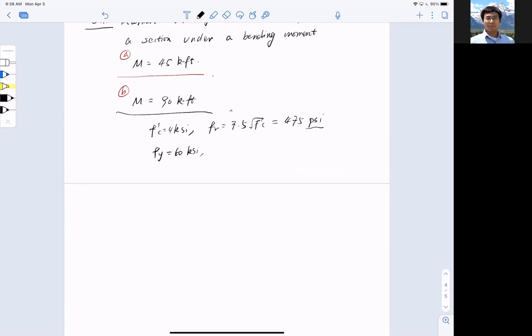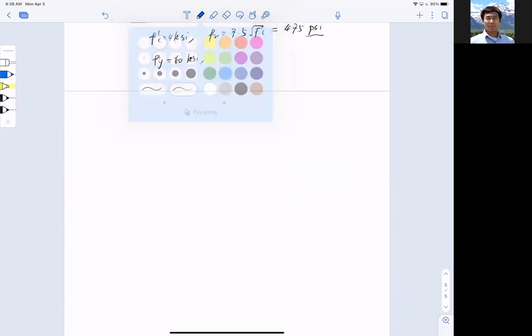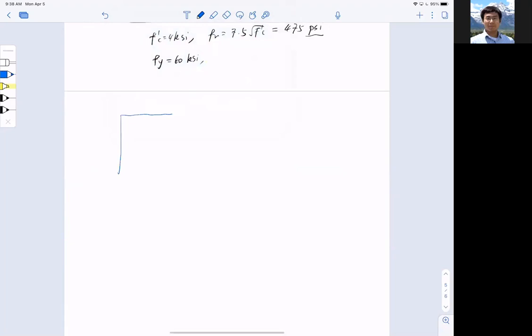And the section is, lo and behold, a very classic rectangular section, with bars underneath it, say 3 number 8 bars. The height is 25 inches, depth 23, concrete cover 2 inches, and the width is 10 inches. Pretty small section, probably just an overshelf beam.